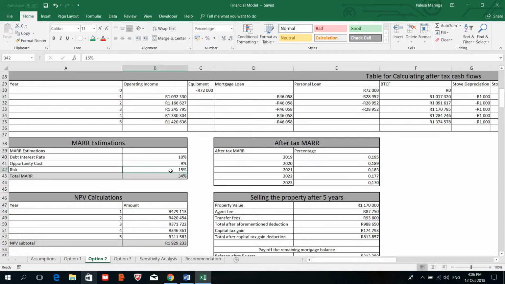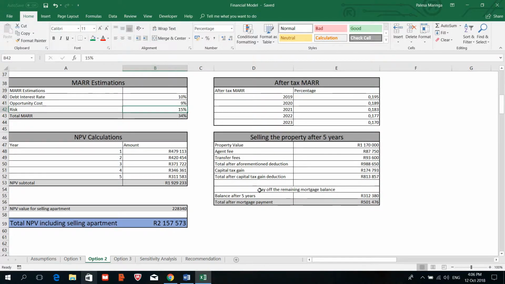For this case, we increased the risk to 15% because if you're renting out an apartment on a month-to-month basis, there's a higher risk of you not getting any clients, because it's not a one-year lease. Again, the after-tax MARR was calculated, and again, you sell the property, you pay off your transfer fees, your agent fees, your capital tax gain, and you pay off your mortgage, and this is what you're left with. Your NPV for option 2 is almost 2.1 million rands.